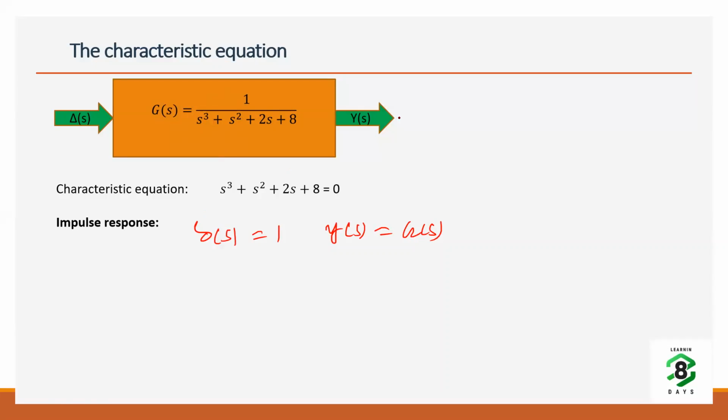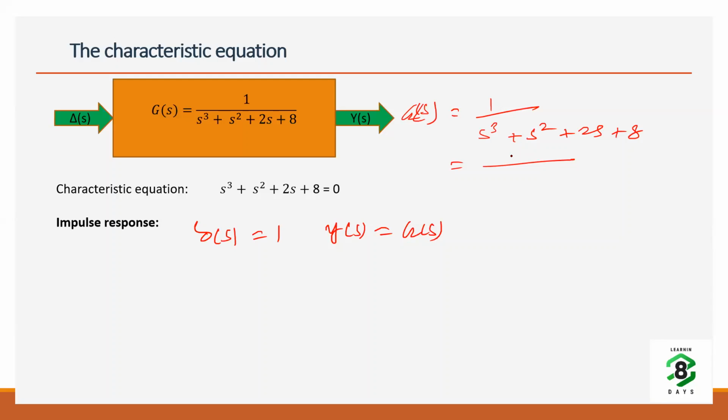I'll use the generic form. So if you have G(s) equal to 1 by s cube plus s square plus 2s plus 8, this is a third order equation, so you will have 3 roots.